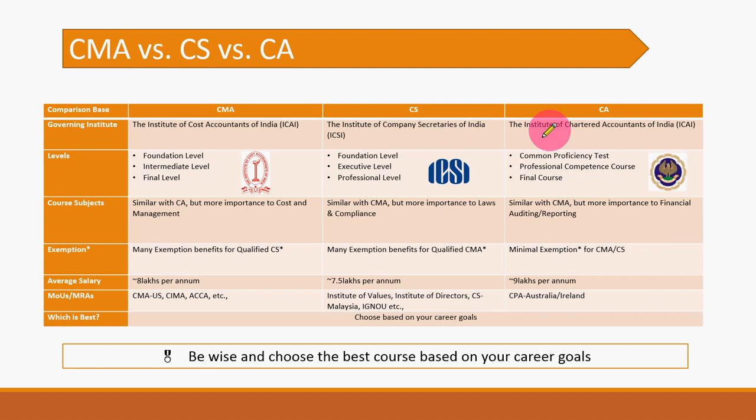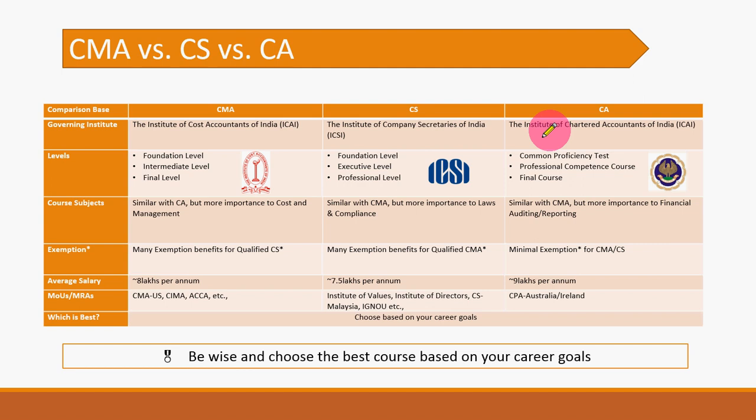However, the Chartered Accountancy Institute has many MOUs with foreign institutes. There is a mutual recognition agreement with the South African Institute of Chartered Accountants, and they have a pilot international pathway program of Chartered Accountants Australia and New Zealand.